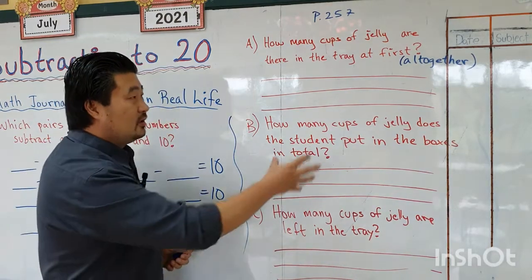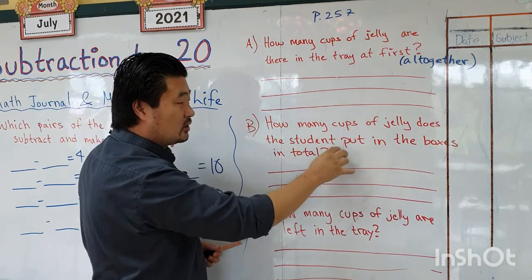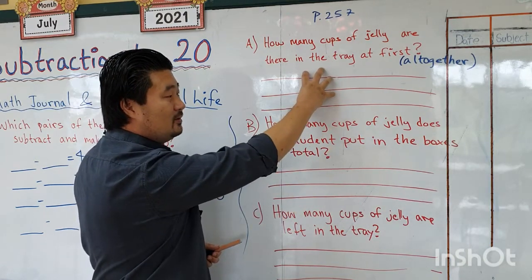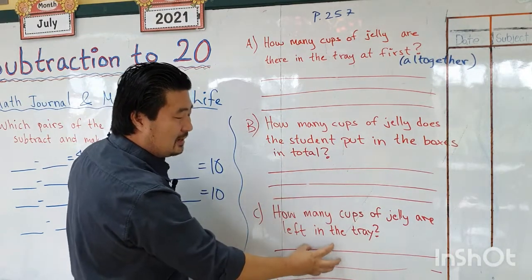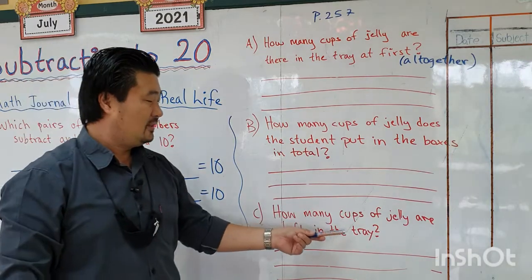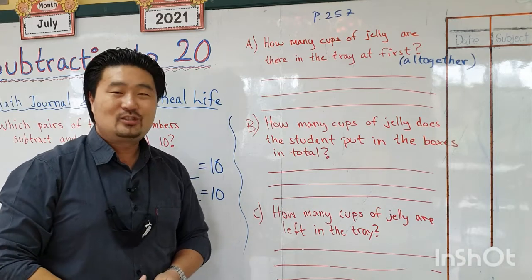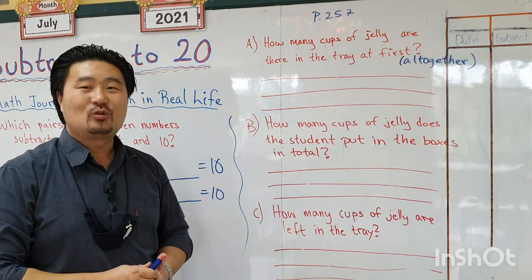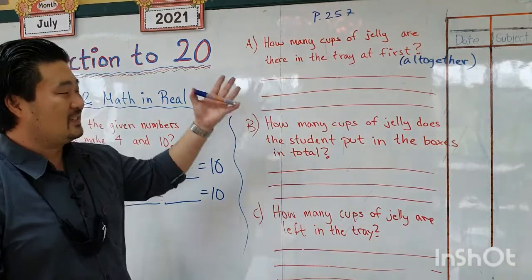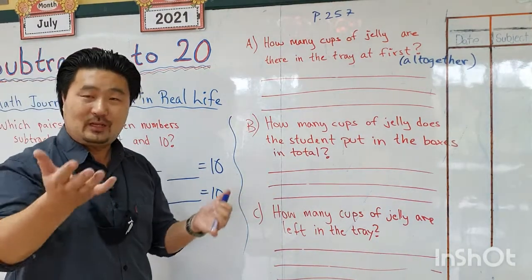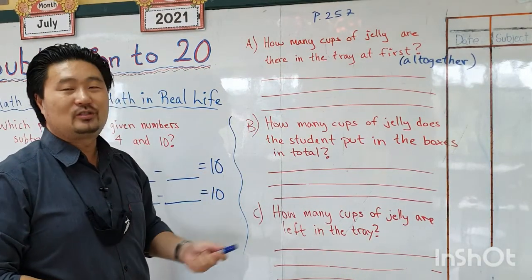So after he has put the jellies in the boxes, so this number, and then he puts this number in the boxes, and then he has this number left on the tray. Okay? It's not too difficult. I'm sure you can solve that by yourselves. Alright? So I will not help you with any of this, because you can just look at the picture and count. Alright? But please show me how you got the numbers.